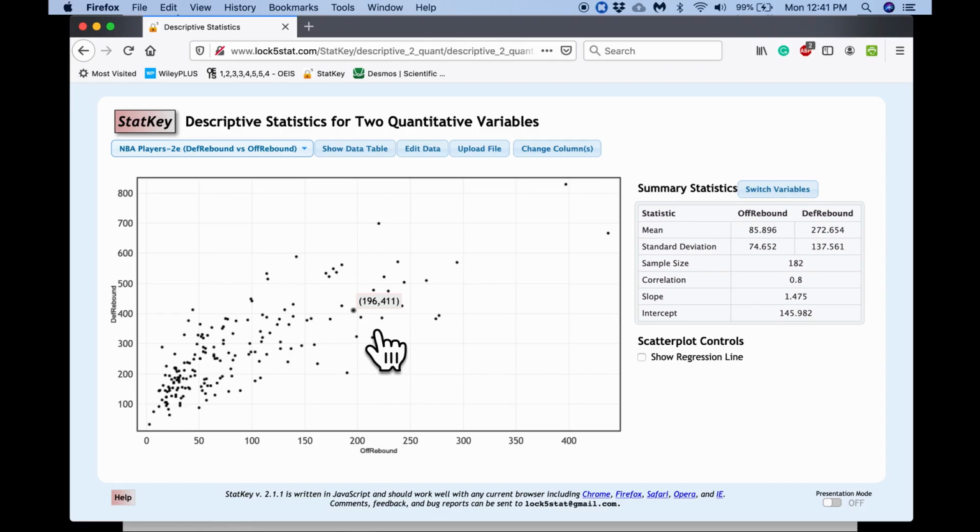So if I were told that a player had 200 offensive rebounds, I might guess in the high 300s. Let's say 380, 390 would be a reasonable guess for the number of corresponding defensive rebounds.